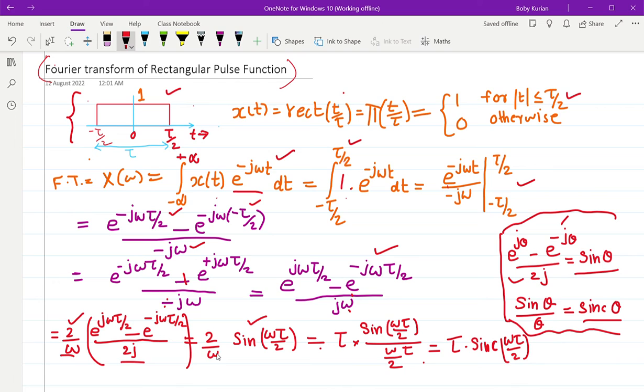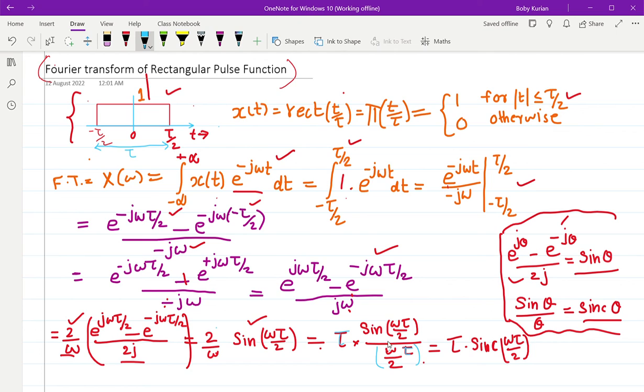So the omega here comes to the denominator. The 2 in the numerator goes to the denominator of omega, so it becomes omega by 2. But additionally we need a tau, so we put a tau in the denominator, and correspondingly we have to put a tau in the numerator.